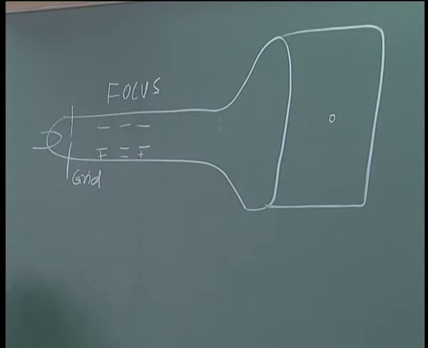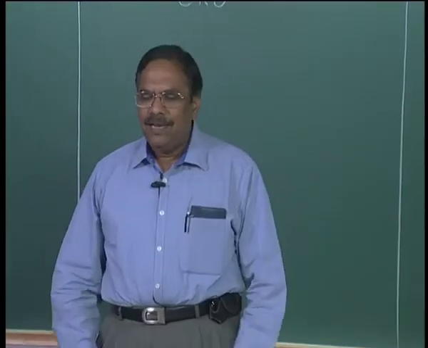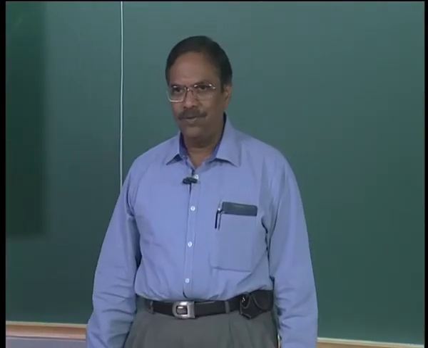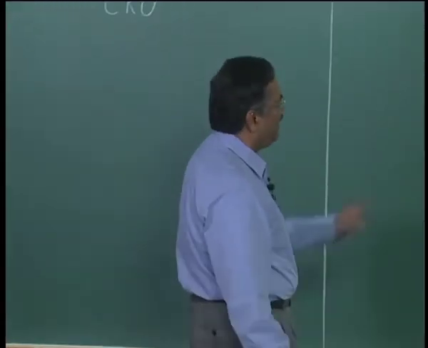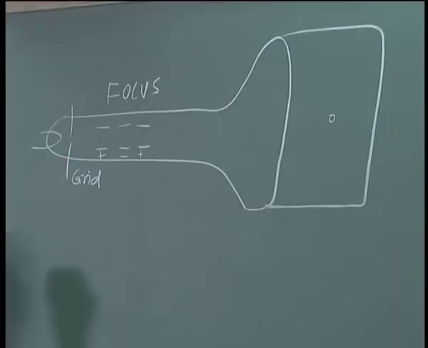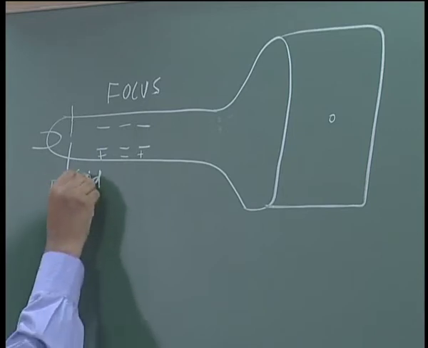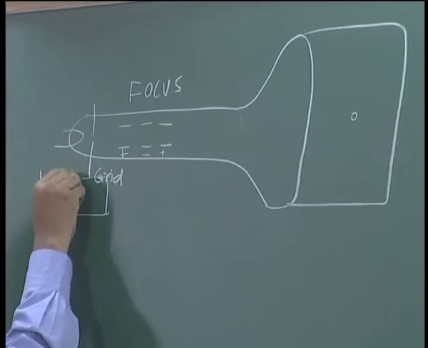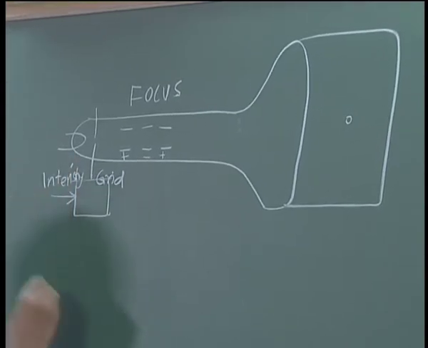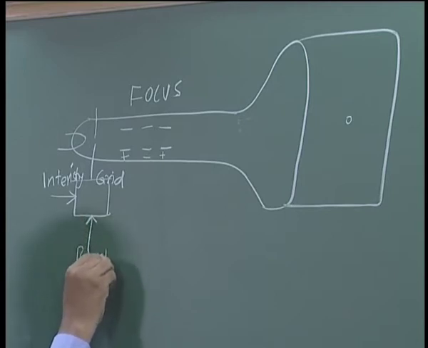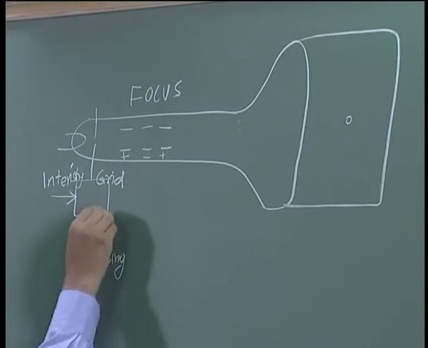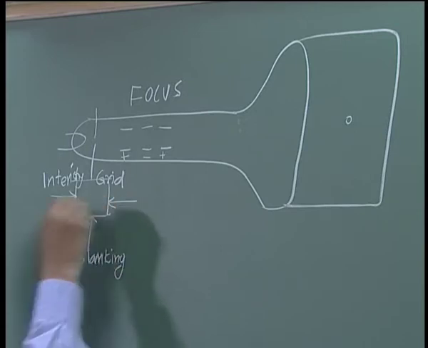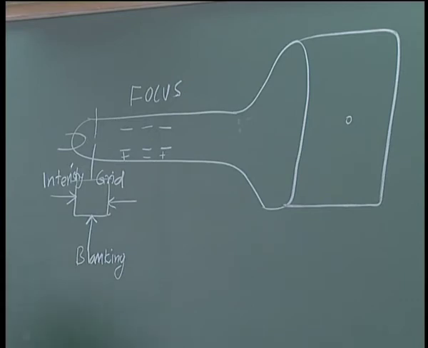By adjusting the negative voltage to the grid, we have the ability to control the number of electrons that will pass through, and hence we can control the intensity of the spot. So one input to the grid is the intensity, the other input would be the blanking pulses, and most oscilloscope manufacturers also permit you to give your own input to the grid.